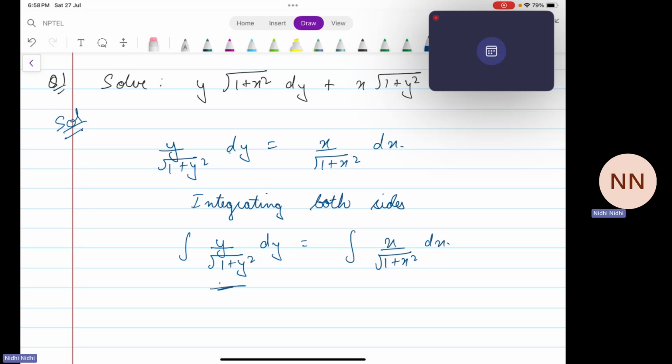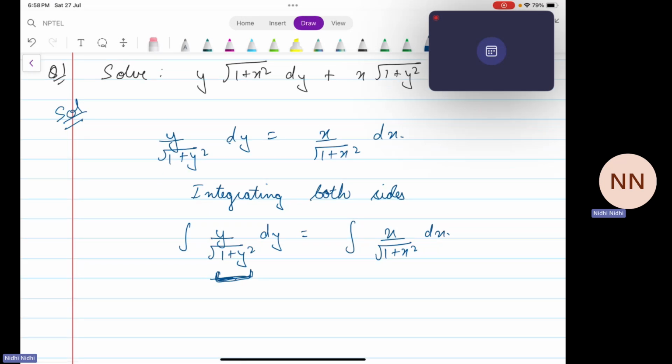We can see that the denominator has terms of this form 1 plus y square. So if we get something like its derivative on the numerator, then we can use the substitution method. For that, we'll just multiply and divide the term by 2. Similarly here also, by 2. Now we'll do substitution. Let u equal to 1 plus y square.